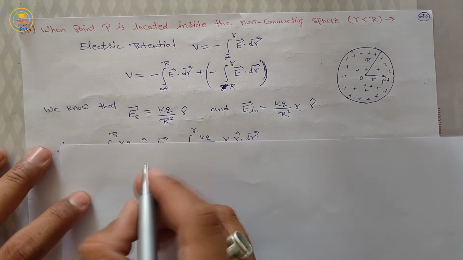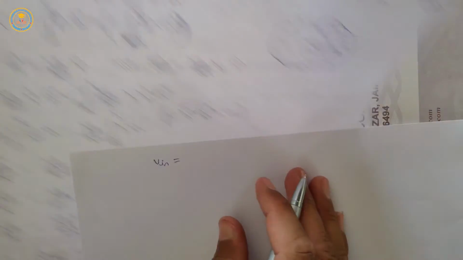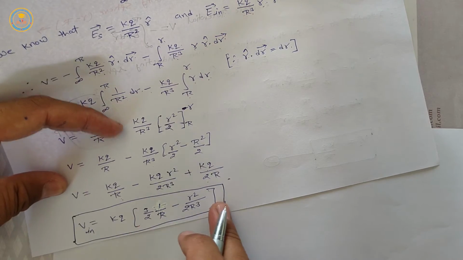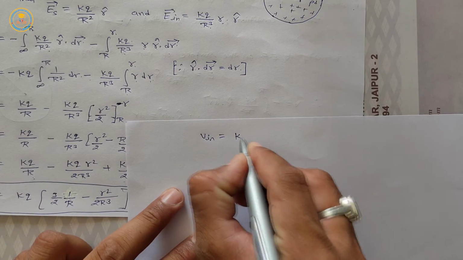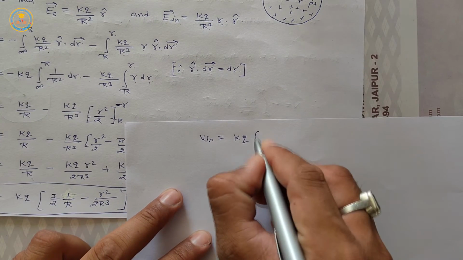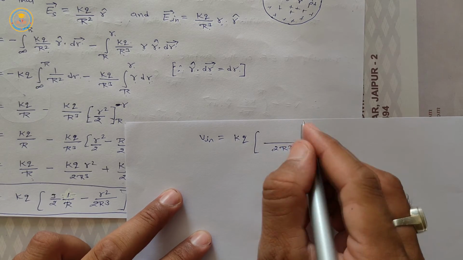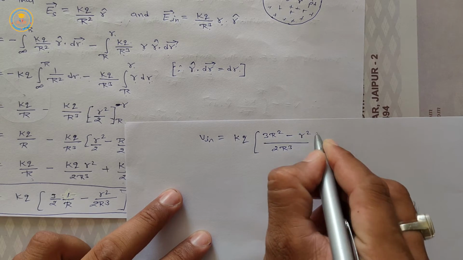In another form, V_in is equal to, if we take the LCM of this equation, then we get V is equal to kq upon 2R cube times (3R square minus r square).